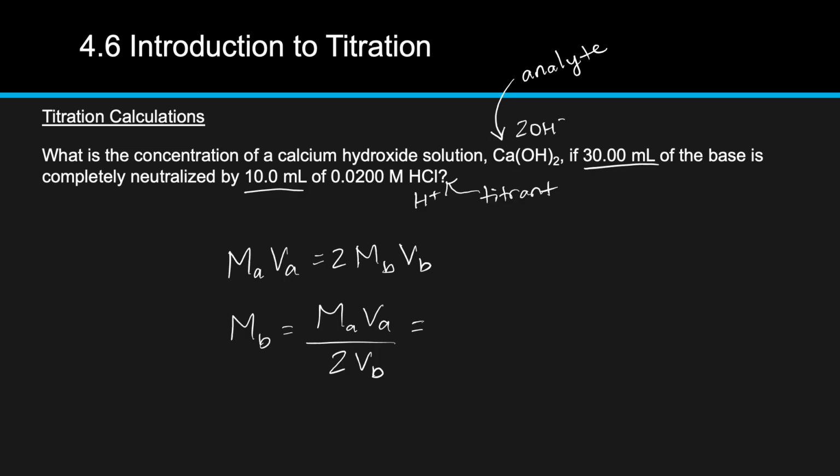So we have our concentration of acid, which is 0.02. We have our volume at 0.01. And then our volume of base would be 0.03 times 2, so it's going to be 0.06.